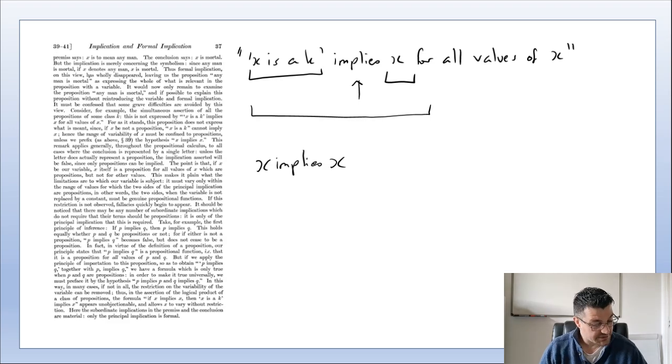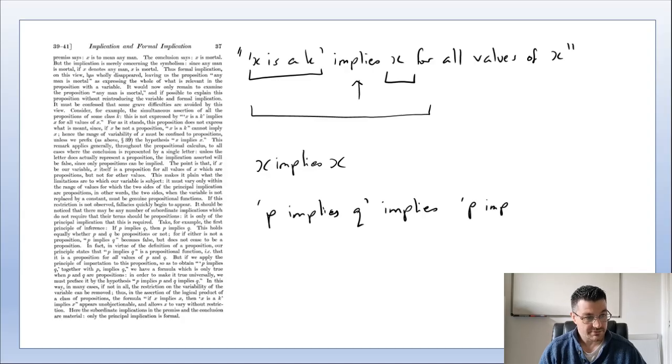So, again, jumping ahead a little bit, if we've got P implies Q implies P implies Q, then in this case, we don't actually require P and Q to be propositions. Okay?